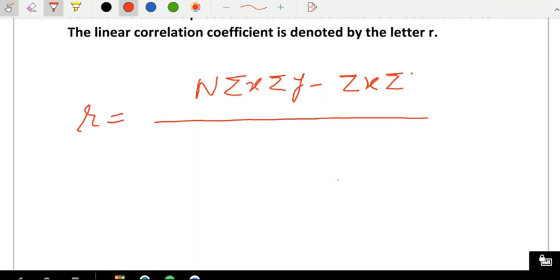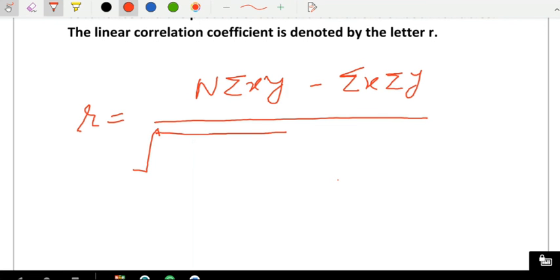Sigma xy means you multiply and then take the sum. So n sigma xy minus sigma x sigma y separately, divided by, put one square root here and one square root here.